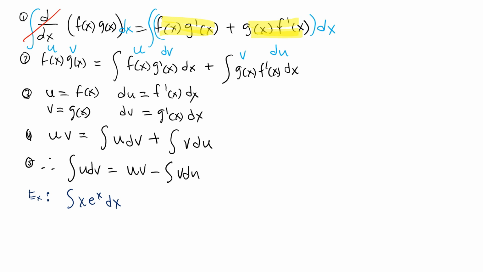So we could say here that this is u, and this is dv. So that's why it would make sense to isolate the u dv, and then to actually evaluate this, we would go on to uv minus the integral of v du, etc.